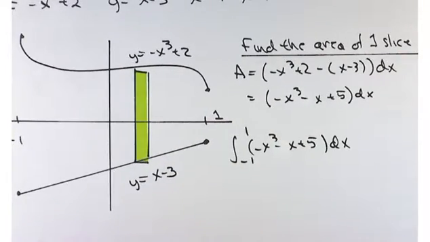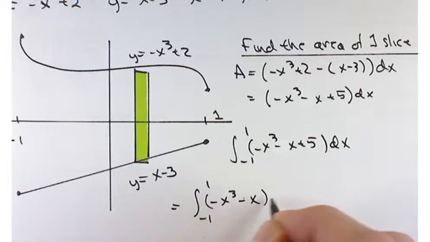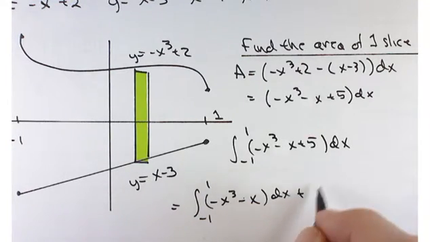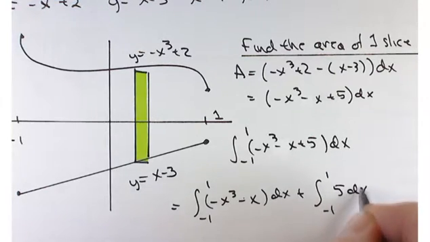Now, there's nothing wrong with just integrating this straight ahead, but let's be a little bit clever. And by a little bit clever, this is what I mean. I'm going to split this up into the integral from negative 1 to 1 of negative x cubed minus x, thank you, Mr. Combs, plus the integral from negative 1 to 1 of 5 dx.